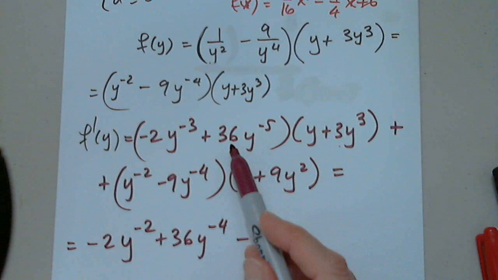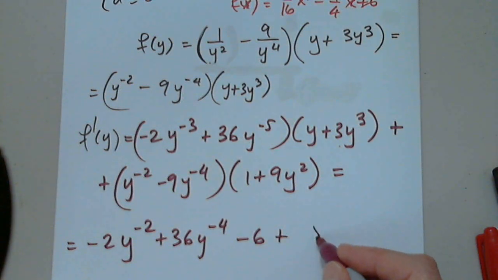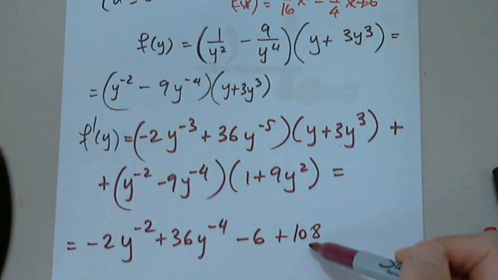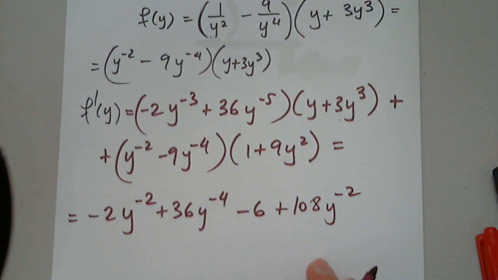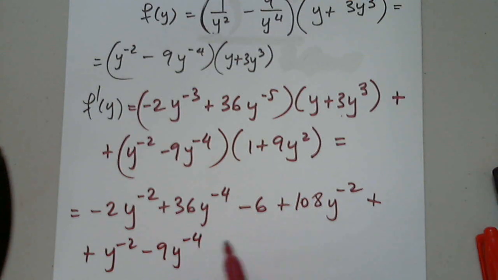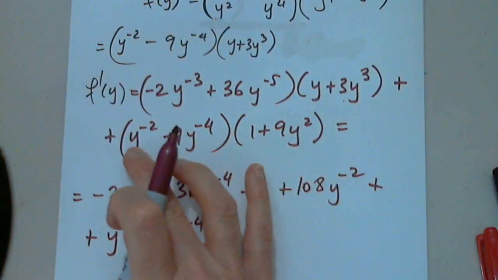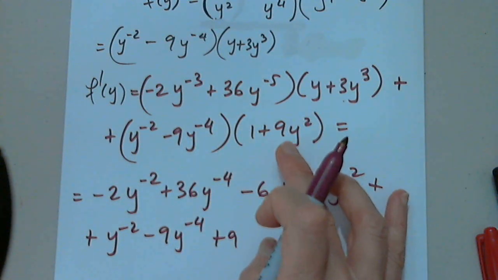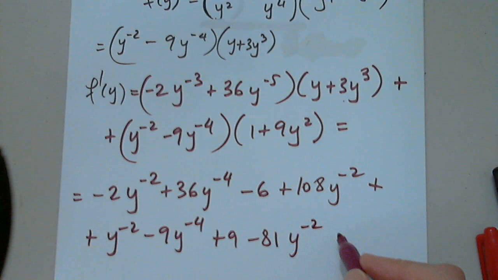Then when I multiply these two, I get, I think it's 108. Yes, correct. Y to negative 2. And now, here, plus y to negative 2 minus 9y to negative 4. And then again plus 9, because we copy the base, add the exponents, we get 0. And now here I have negative 81 y to negative 2.